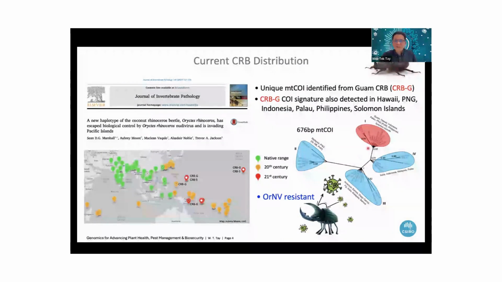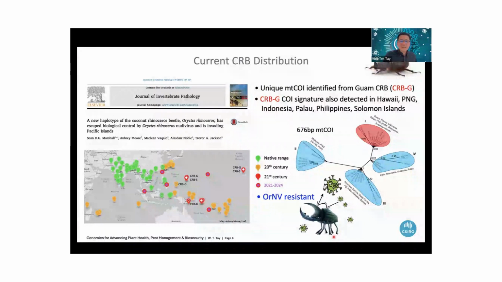A survey of the populations then identified that various populations, such as from Guam, Hawaii, Papua New Guinea, Solomon Islands and so forth, all appeared to have a signature identical to the Guam population. It doesn't mean that it came from Guam. It just meant that potentially it came from Guam, or potentially these countries share the same origin as the population that came to Guam.